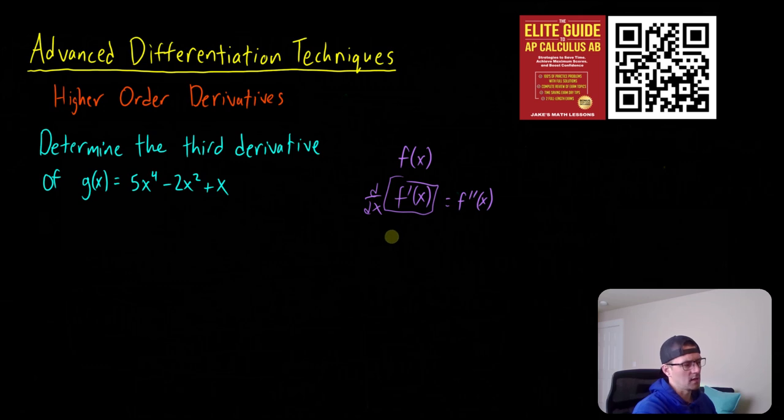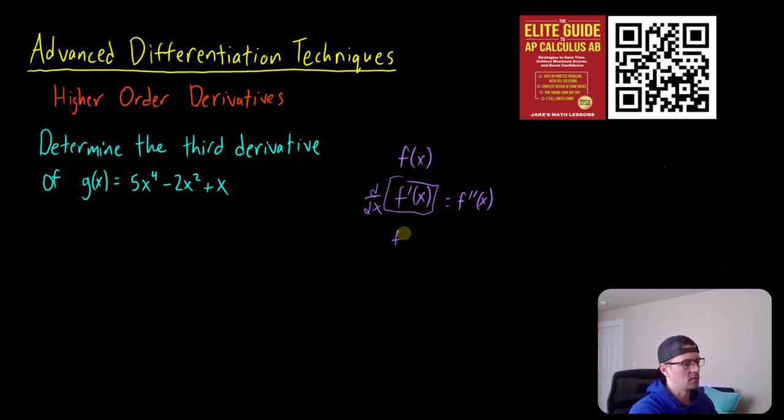Just quickly, to note a notational thing, let's say we wanted to find the sixth derivative of a function. Really, AP calculus only uses the first and second derivative of functions in general. If you get on to more advanced calculus later on in college, you might have to find higher order than even the second derivative.